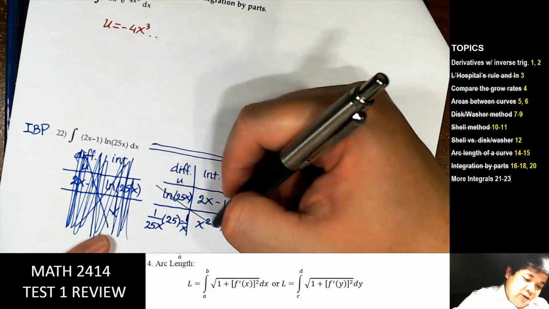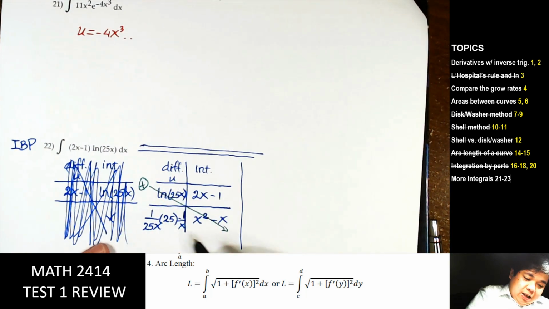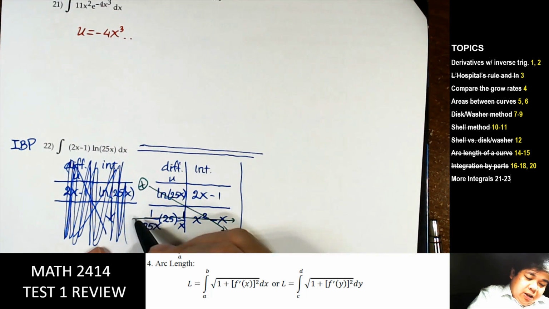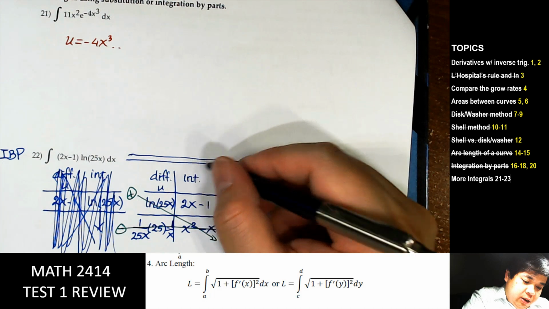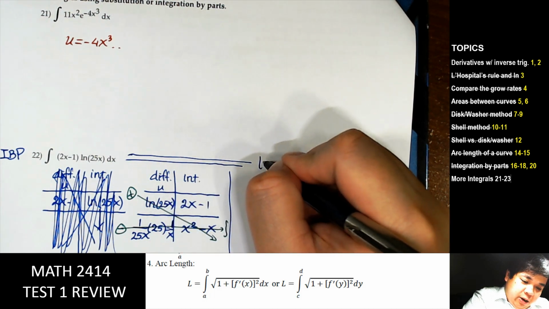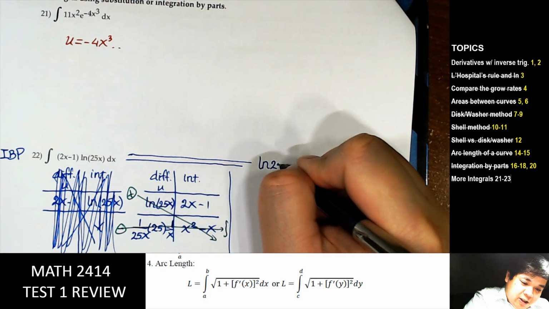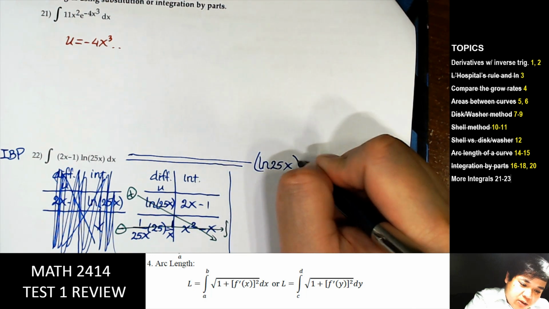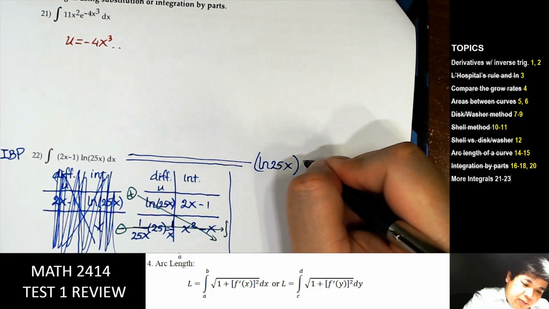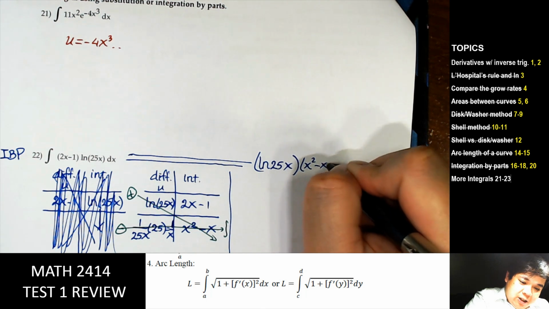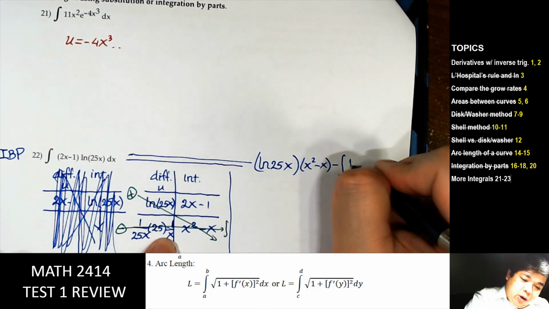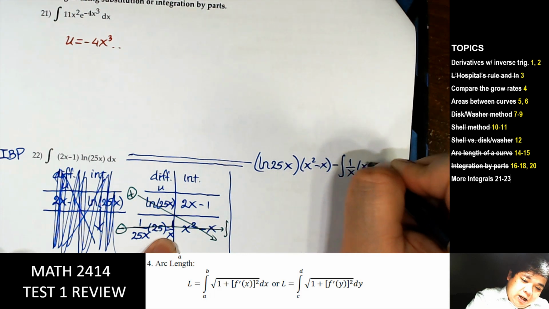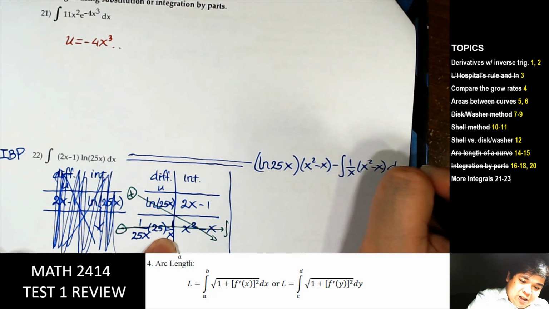Right, the diagonal positive, and then we will start with the integral sign and negative. So we have ln of 25x times x squared minus x, minus integral of 1 over x times x squared minus x dx.